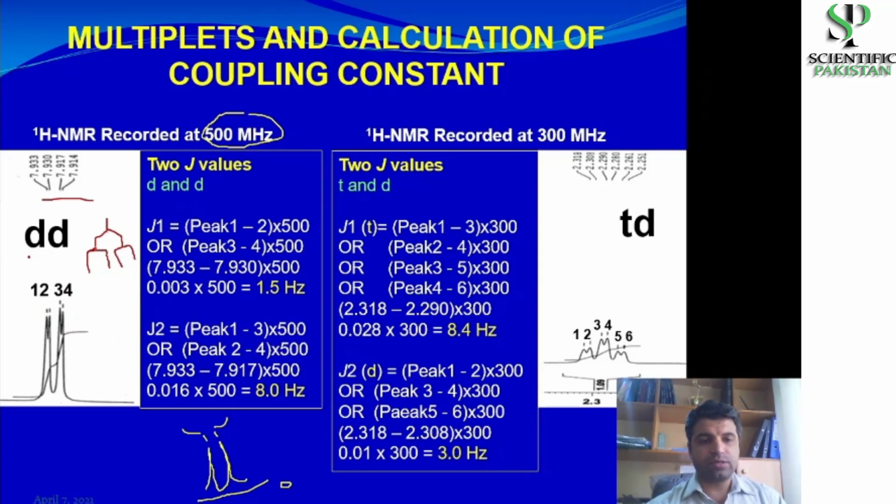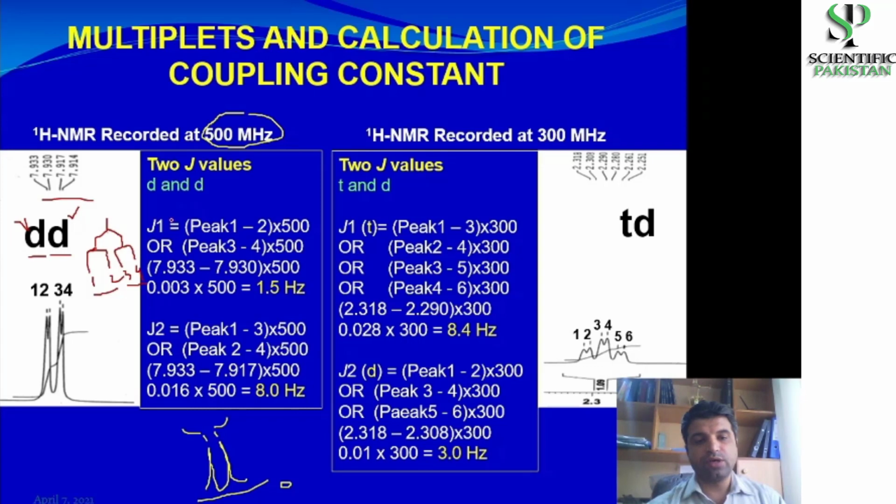How to calculate the first doublet and the second doublet? This is the larger doublet and this is the smaller doublet. The smaller doublet can be calculated from 1, 2, 3, and 4. The smaller coupling can be calculated from the difference between 1 and 2 or 3 and 4.